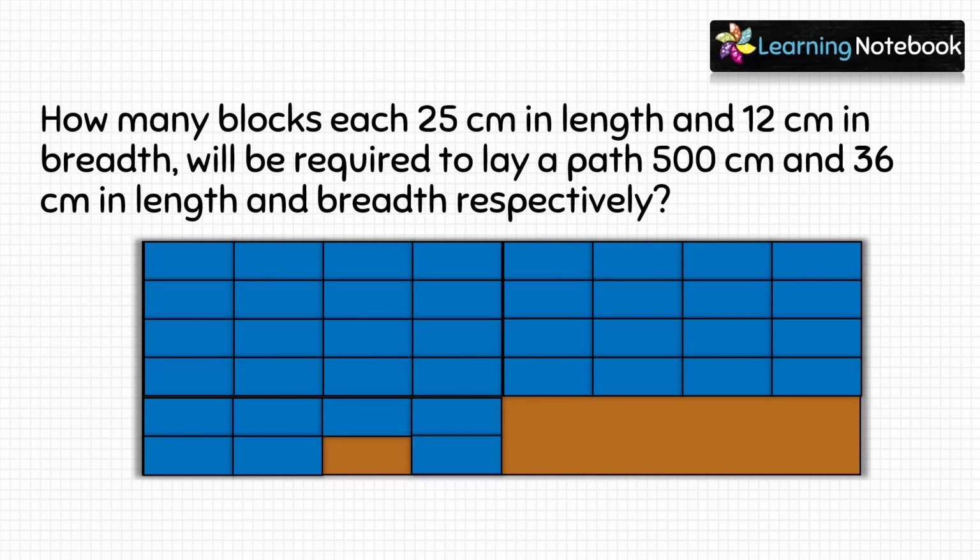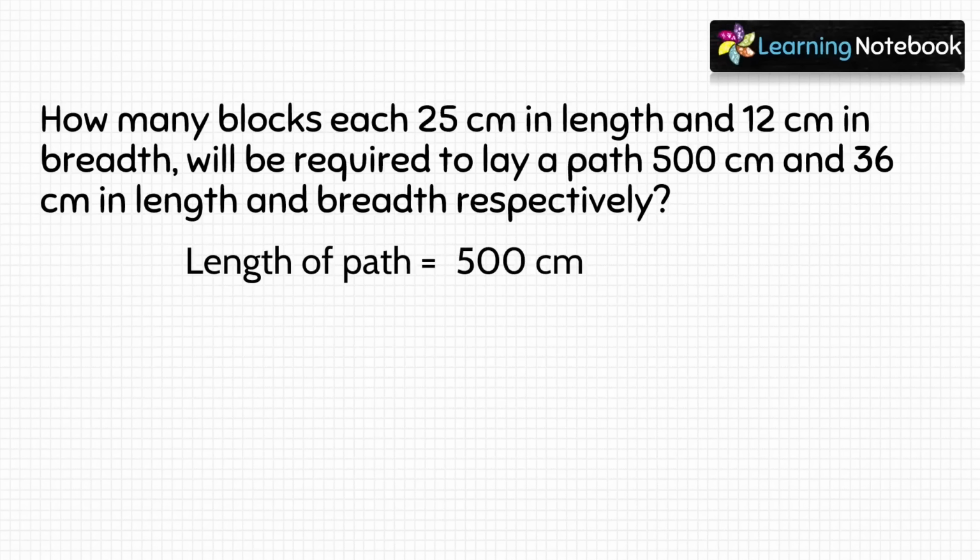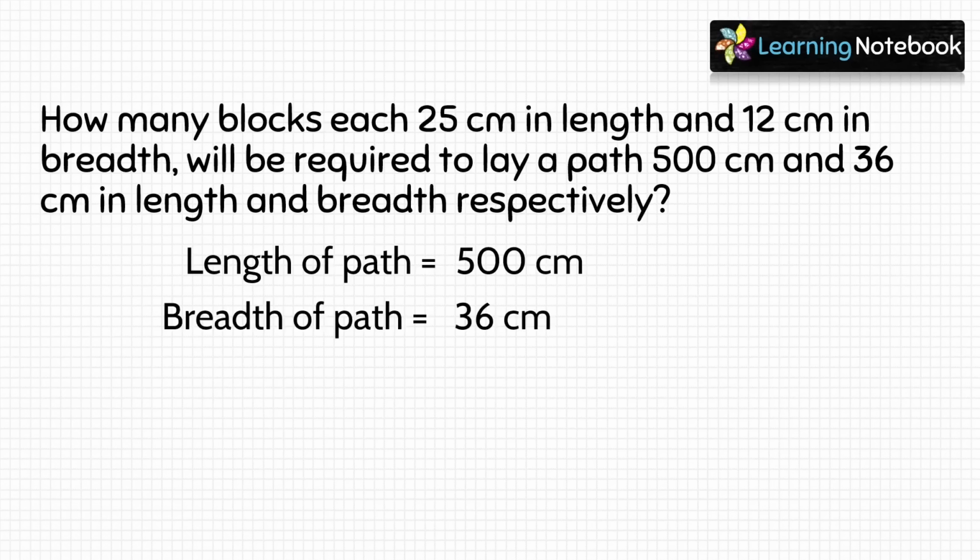So students, how can we find that? We can do so by dividing area of this path by area of one block. So let's see how to solve it. It is given length of the path equals 500 centimeters and breadth equals 36 centimeters.